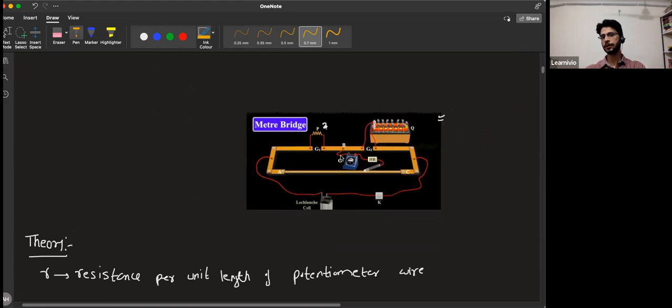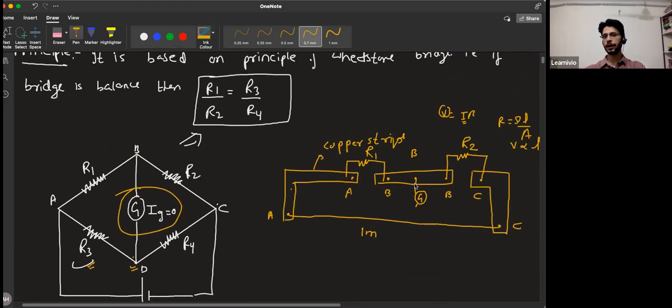One end is connected to this point D. And I keep sliding the other end from point A to point C. While sliding from A to C, we come across a point, and at this point the current in the galvanometer becomes zero. If the current in the galvanometer becomes zero, that means your bridge is balanced, which means we have found this point.